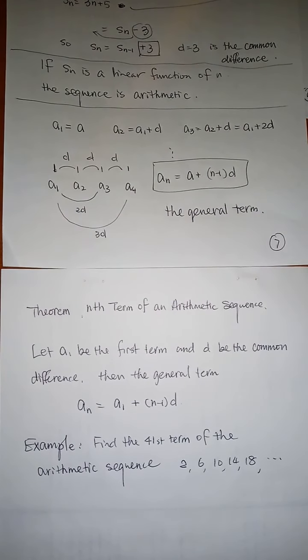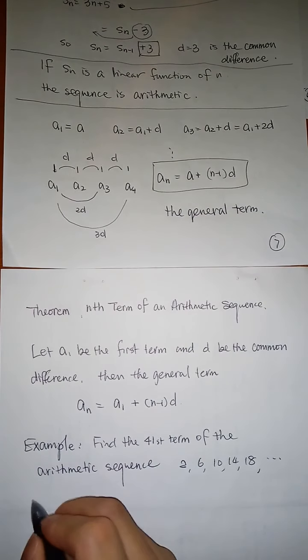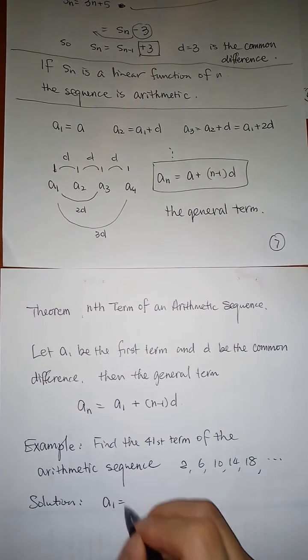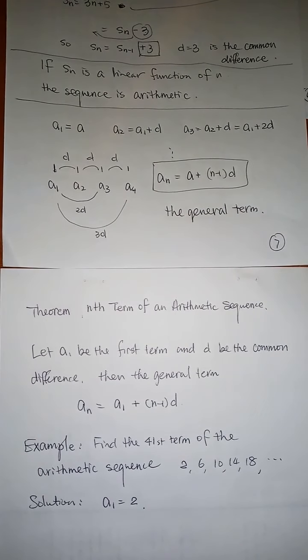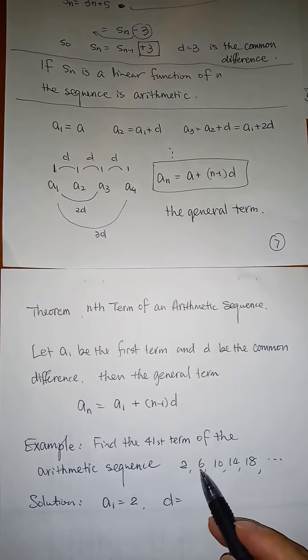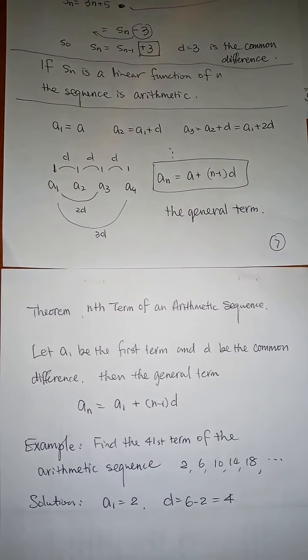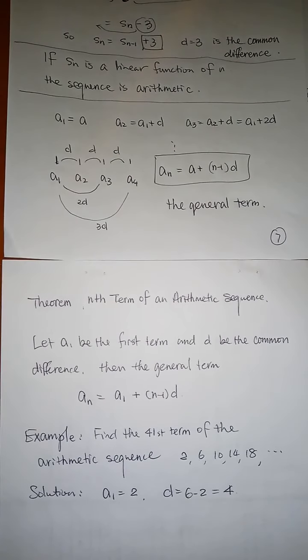So that's the question. From this, you see that A1 is equal to 2. The first term is 2. The common difference, how do we get the common difference? You take whatever pair and do the difference. 6 minus 2 is 4. So the common difference is 4.